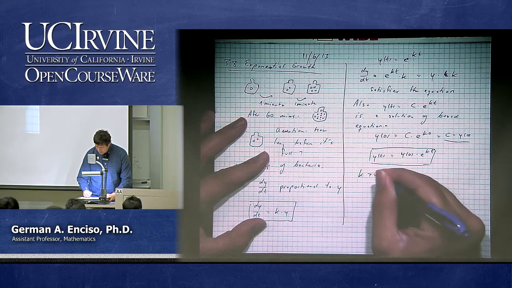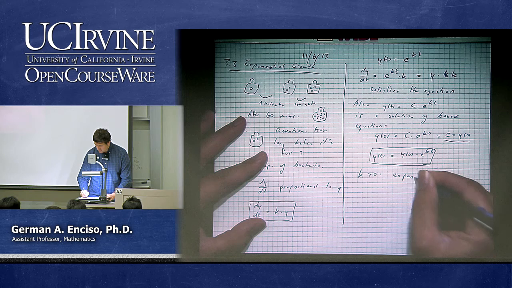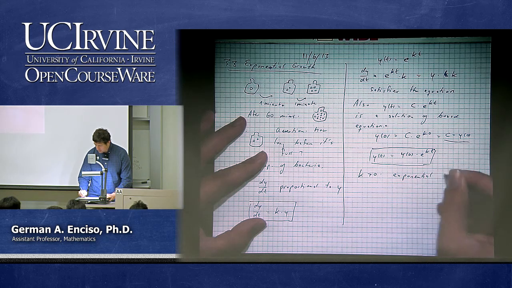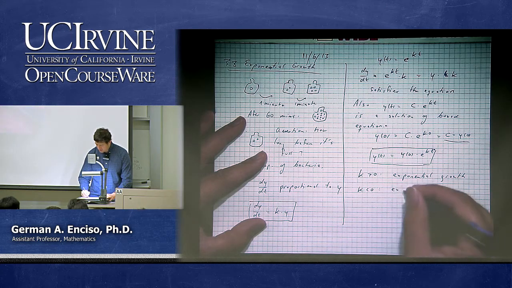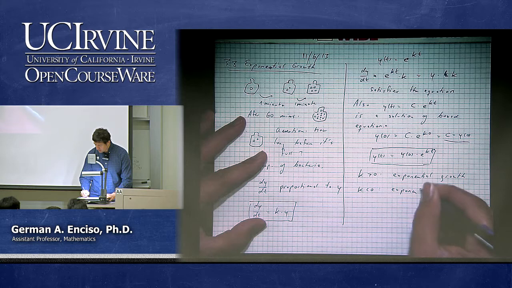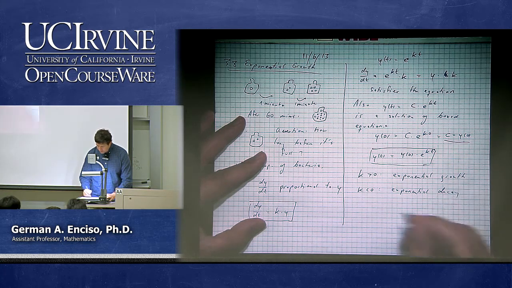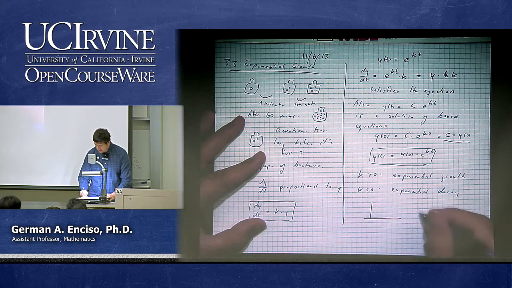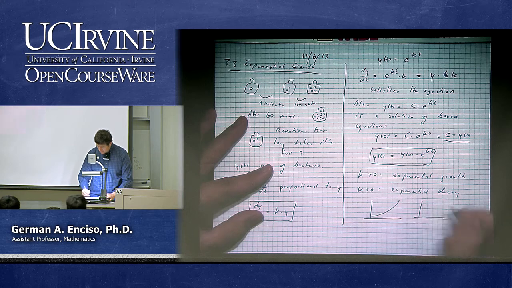So k bigger than 0 is exponential growth. And k less than 0 is exponential decay. I'm not going to dwell too much on the graphics of this. I generally like to graph things a lot, but let's just draw it once.